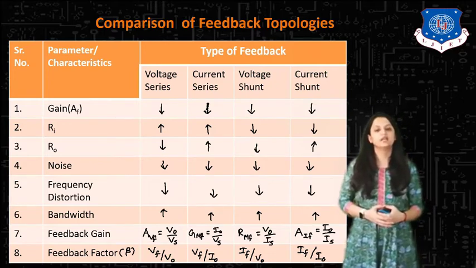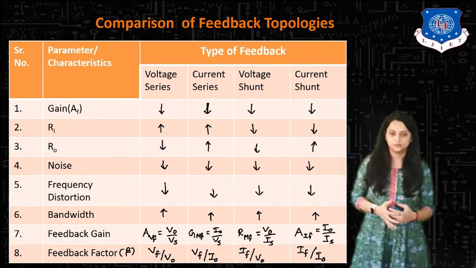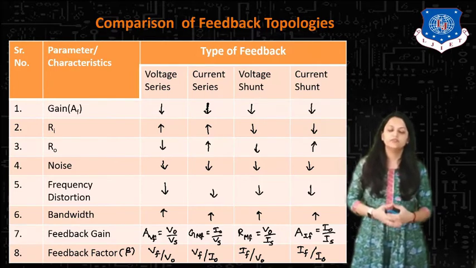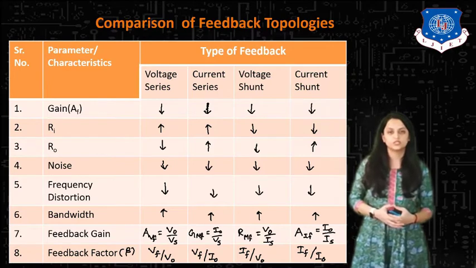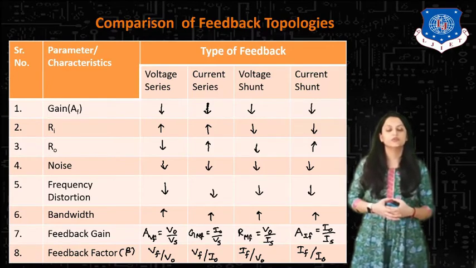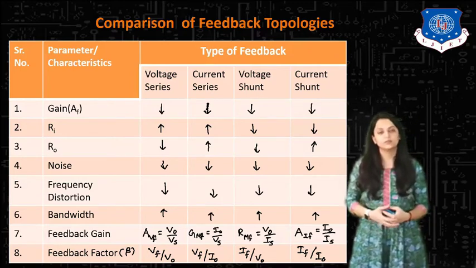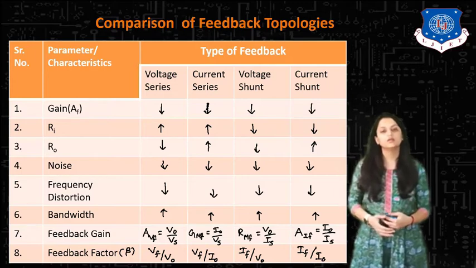Now, the last parameter is the feedback factor beta. So, feedback factor beta for voltage series is given as VF by VO, where VF is the feedback voltage and VO is the output voltage. For current series, it is given as VF by IO, where VF is the feedback voltage and IO is the output current.